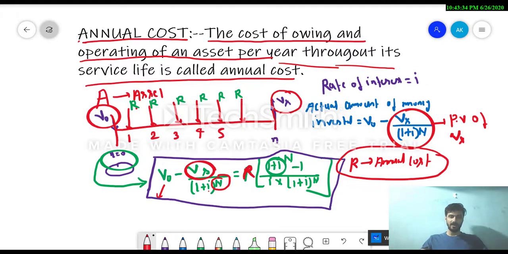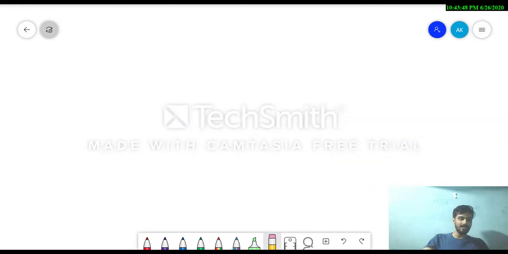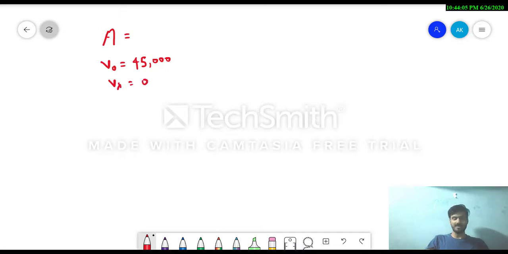Now there are different types of things that we can see with the help of a numerical. I'm going to explain these things with the help of an example. If I assume asset A, having V note equal to 45,000 rupees, VS equal to, I am assuming initially, 0, which I will be telling you about later on.